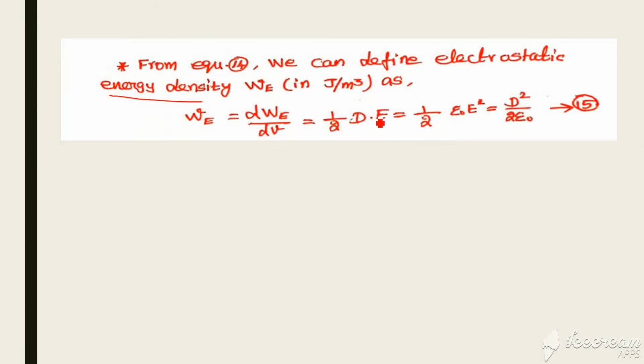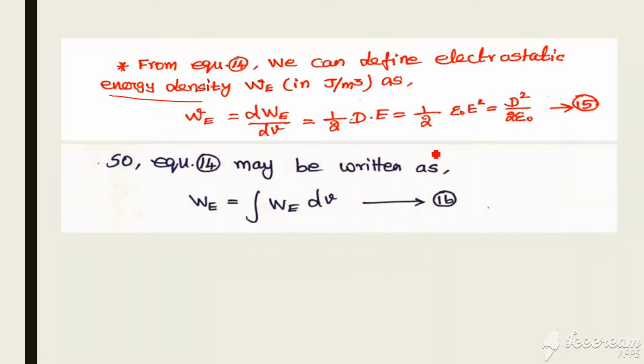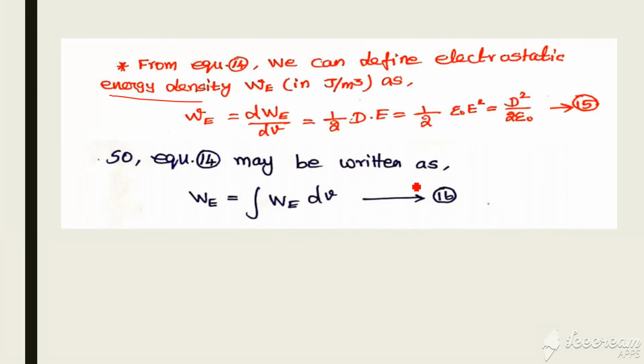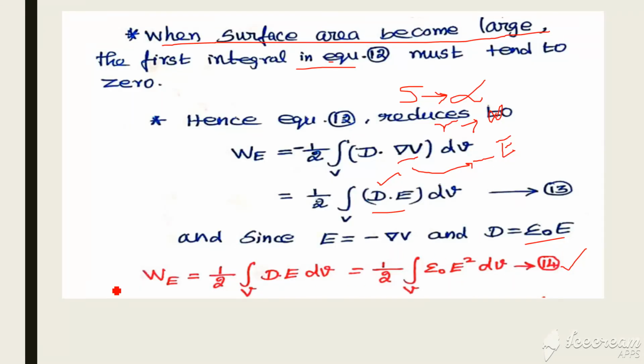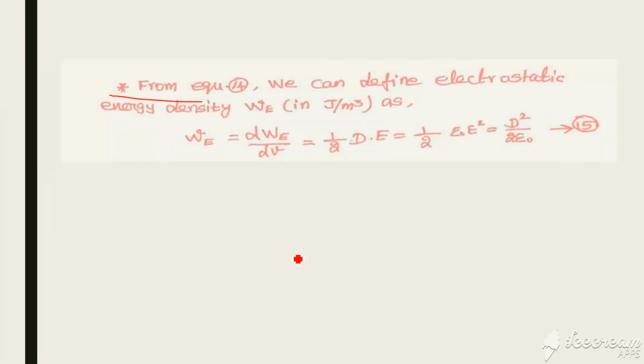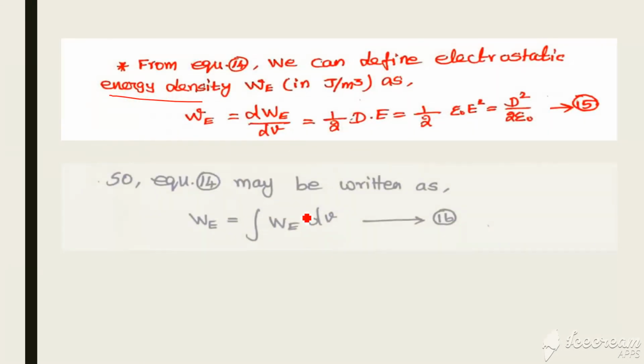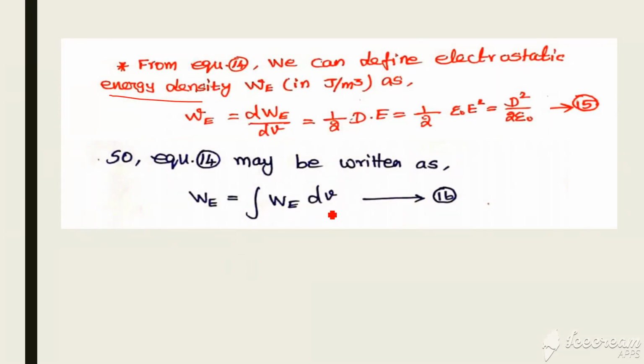Also, simply rearranging and substituting the remaining terms, we get D squared divided by 2 epsilon naught, also one of the formulas. Now we can rewrite equation number 14 as W is equal to integral of W_E into dV, equation number 16.